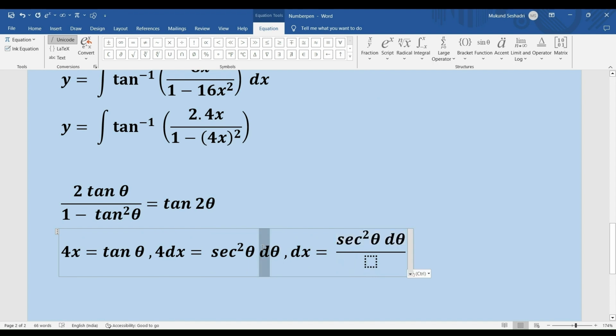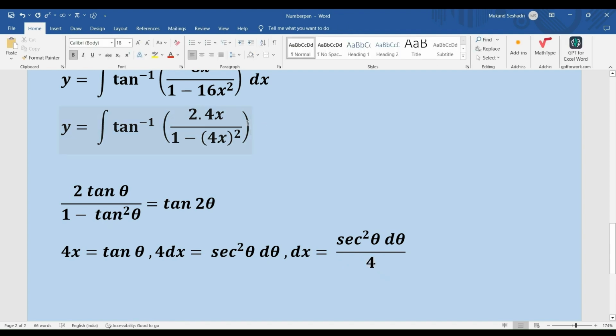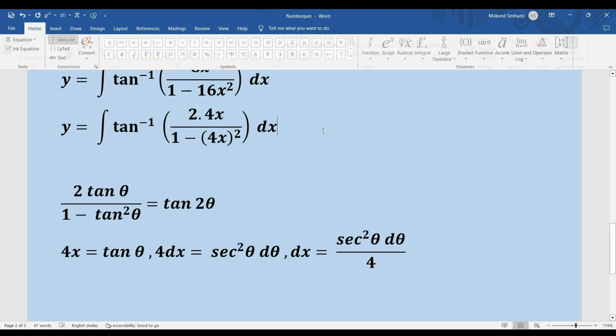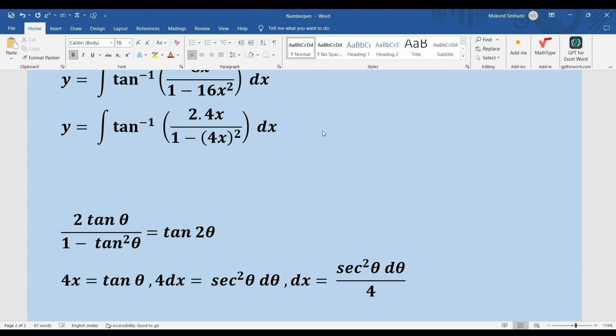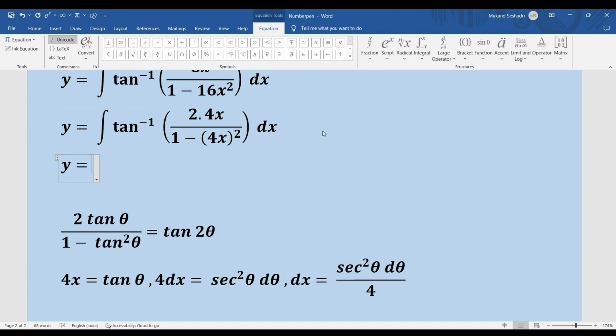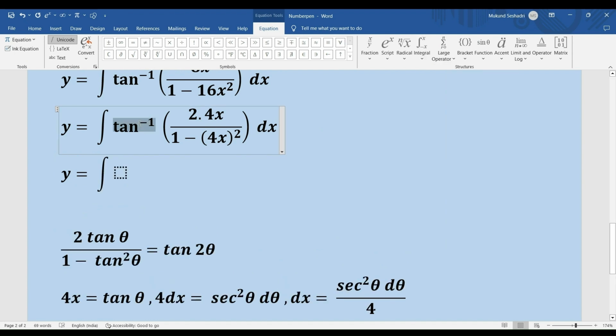So if I go back and put everything in my y expression, can I rewrite this y in terms of theta, and does it become a lot simpler than what it looks right now? Let's do that. y equals integral of tan inverse of, when I do 4x equals tan theta, what does my expression inside the bracket become?